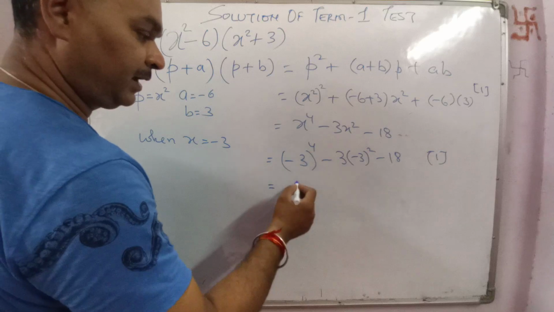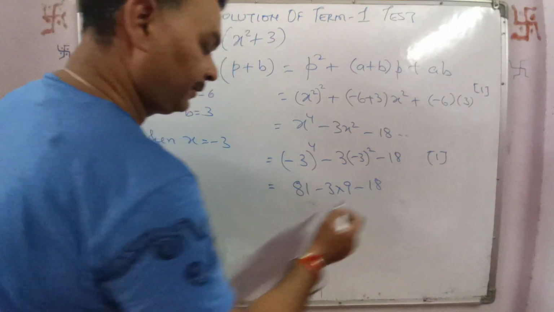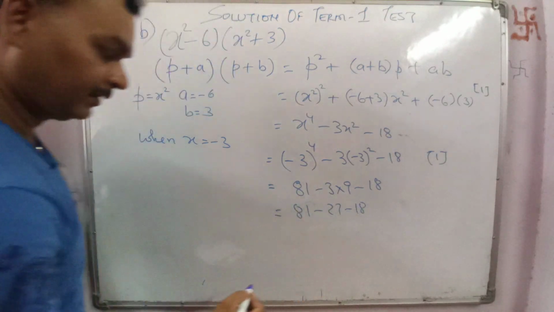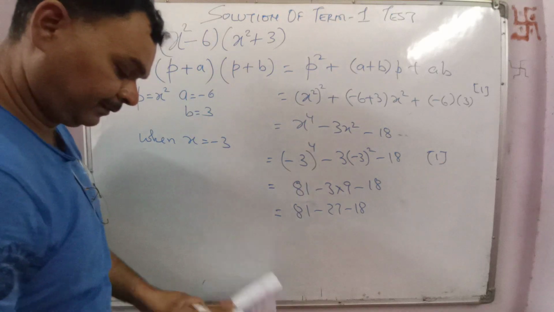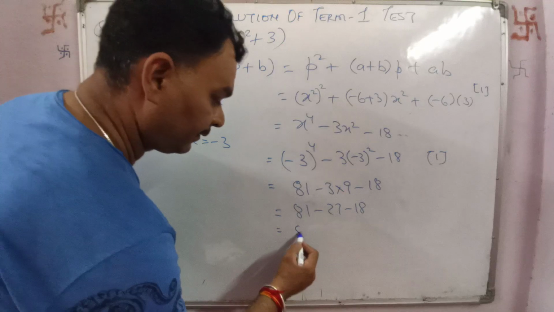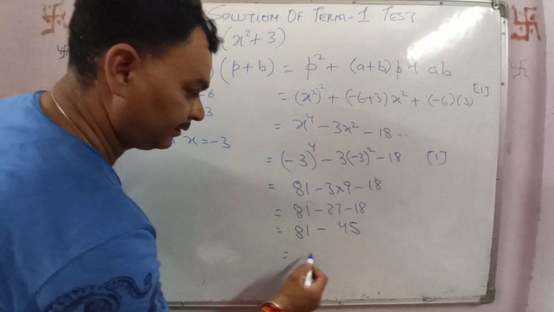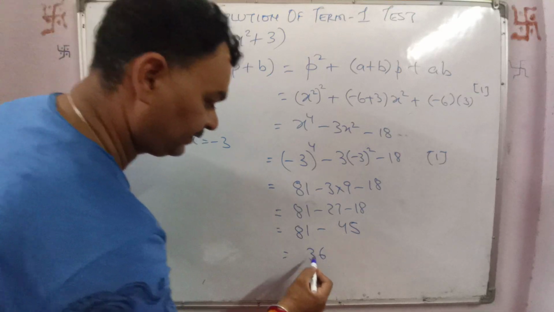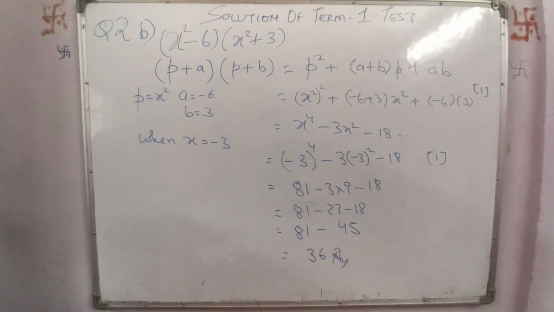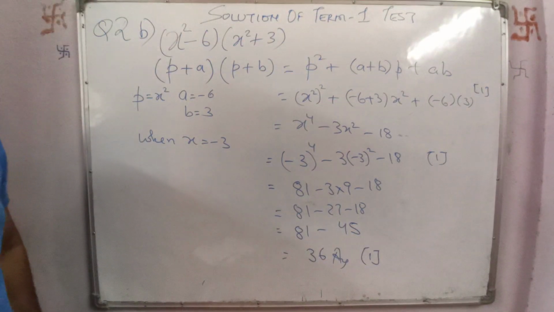Then this will be 81 minus 3 into 9 minus 18, or 81 minus 27 minus 18, or 81 minus 45, that is 36. Okay, 1 mark for the final correct answer.